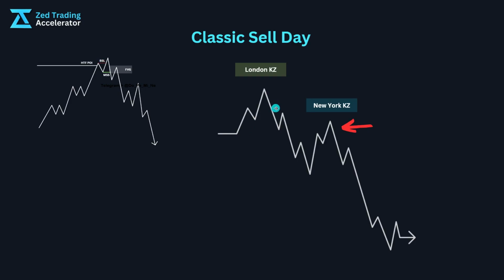So once again here, we have our retracement in the New York kill zone, right? So the market will once again go up before going down. As we can see right here, market is going up until it reaches a higher time frame point of interest.